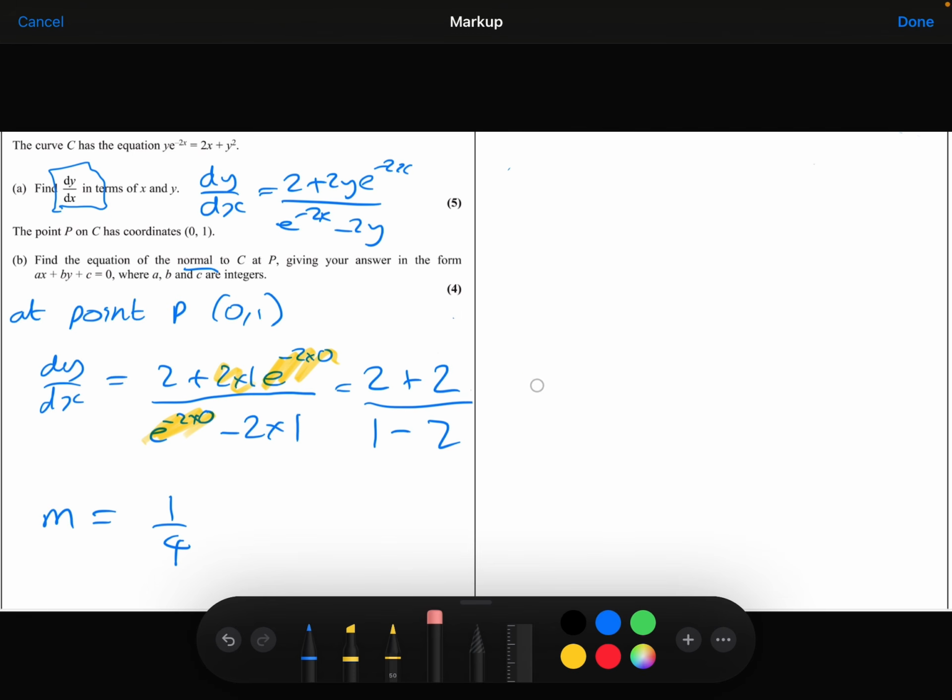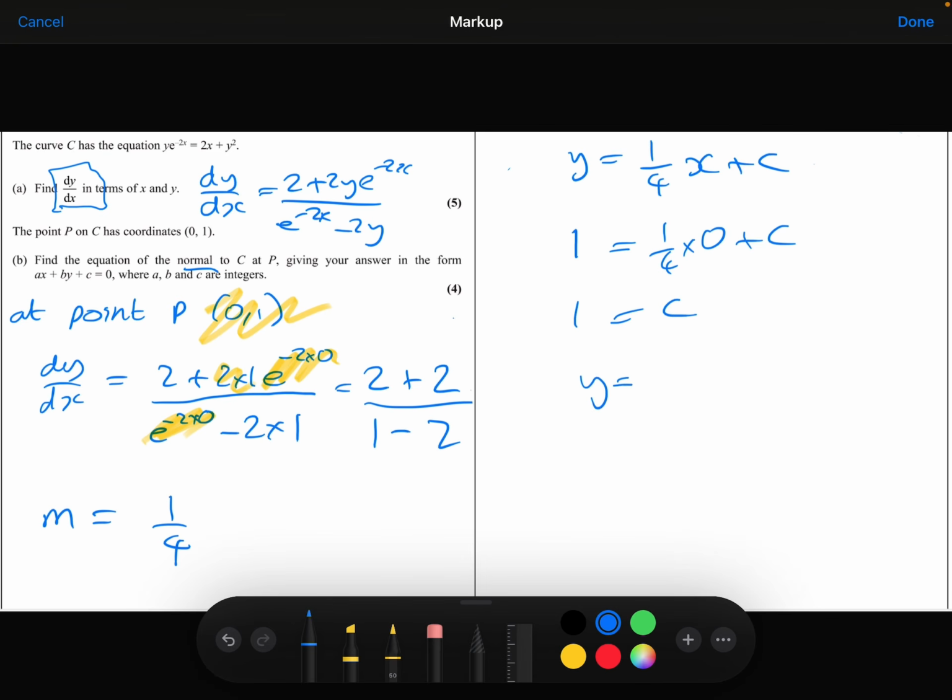I can now do y equals mx plus c with the coordinate 0, 1. So c is 1. My equation is y equals 1/4 x plus 1.